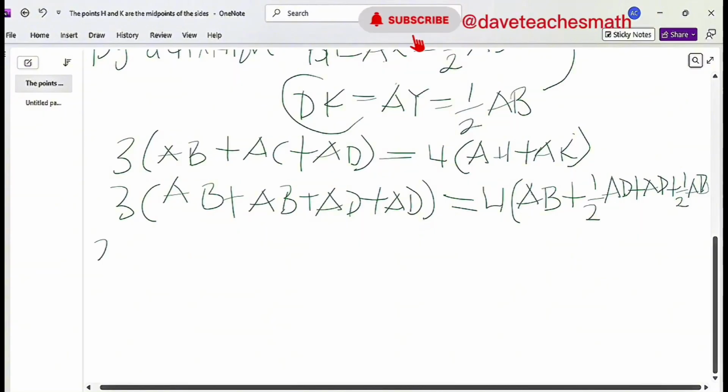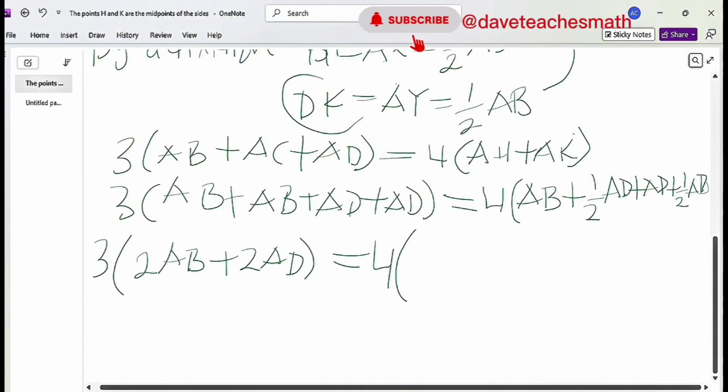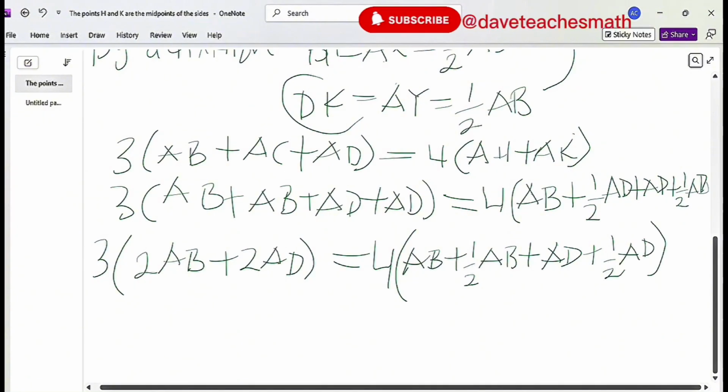Here we have 3 into bracket AB plus AB, which gives us 2AB, and AD plus AD gives us 2AD, which is equivalent to 4 into bracket AB plus half AB, plus AD plus half AD. So now we've grouped them.